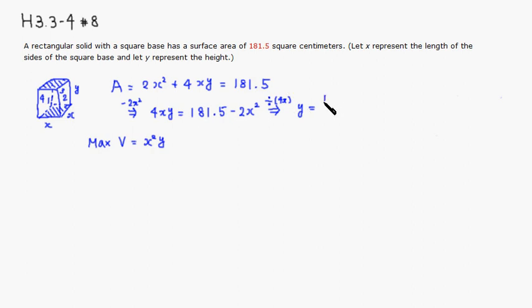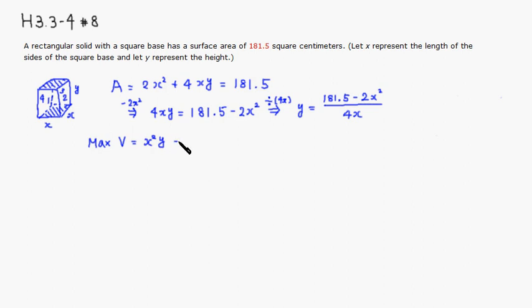So y is equal to 181.5 minus 2x squared over 4x. Alright, so that's y. So let's plug that in.